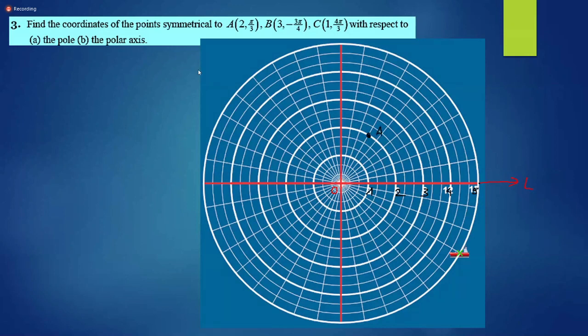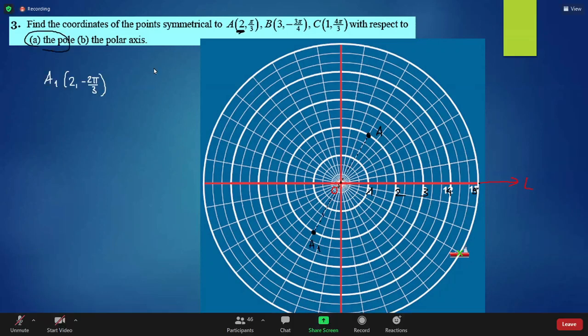Now, the point symmetrical with respect to the pole, it means if we simply go, it's the diametrically opposite point. We follow the same line, the same from minus pi to pi.